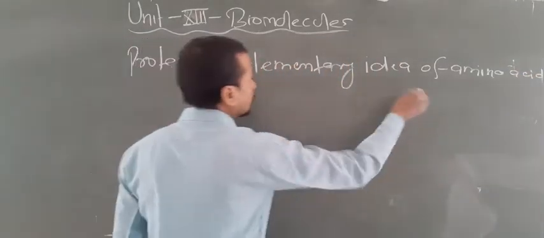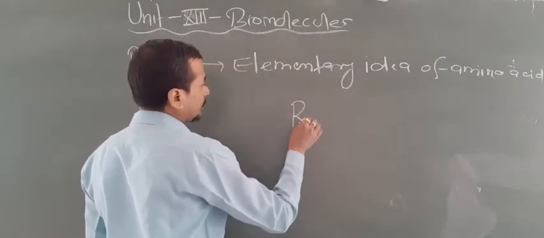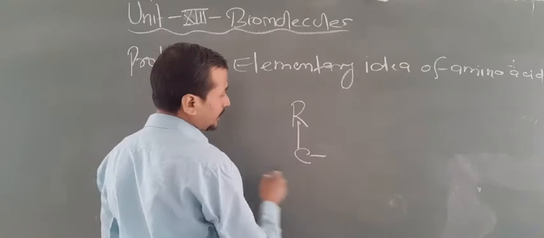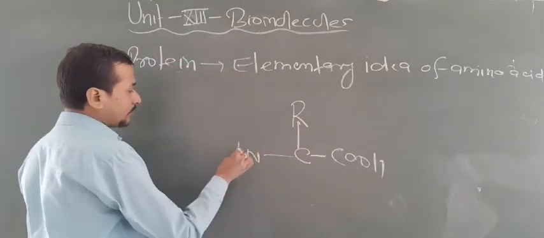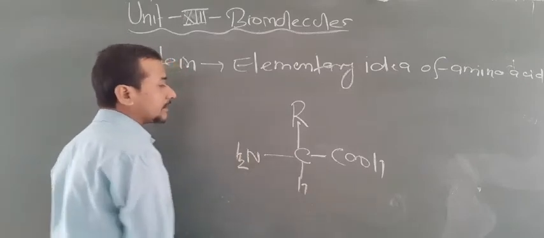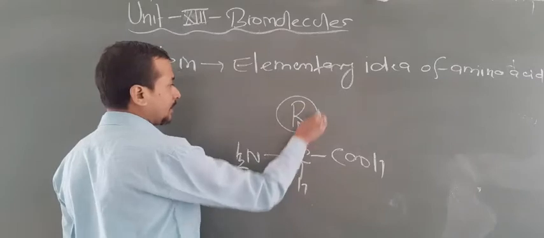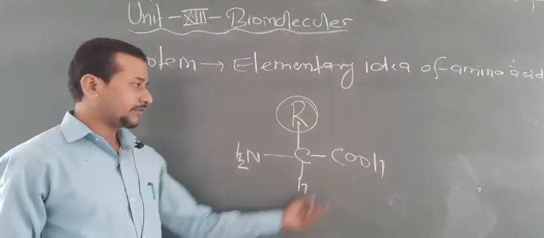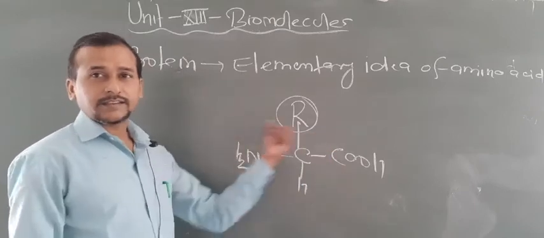Now the common formula of amino acid is R attached with the C. This contains COOH, one NH2 group and one H. In case of amino acid, only R should be replaced. COOH group, H and this NH2 are always like this.